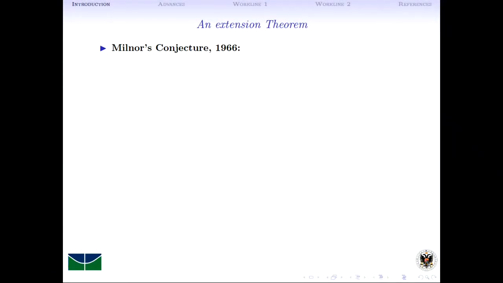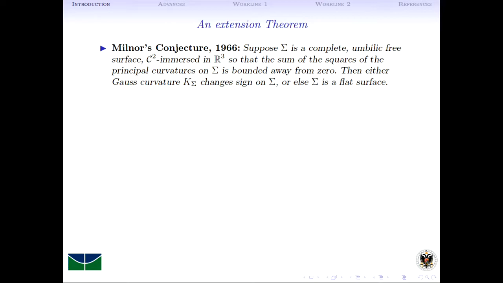This conjecture states that, supposing a complete surface without umbilic points, immersed in R3, such that the sum of the squares of the principal curvatures of the surface is bounded away from zero, two things can occur. The first one is that the surface is flat. Otherwise, the curvature of the surface necessarily changes its sign.